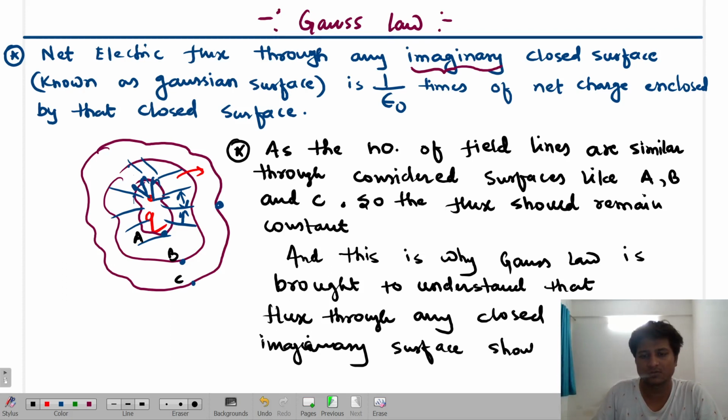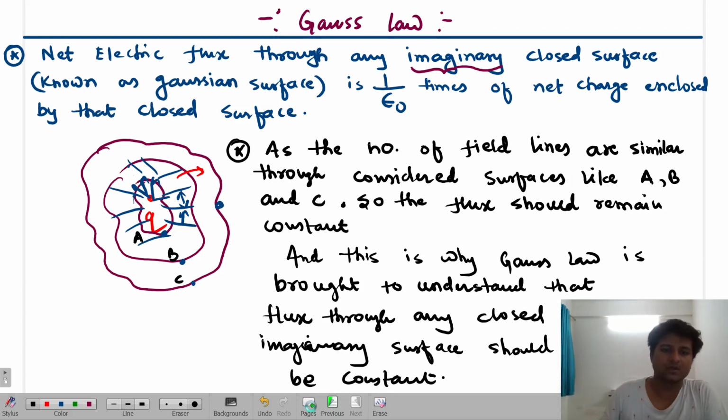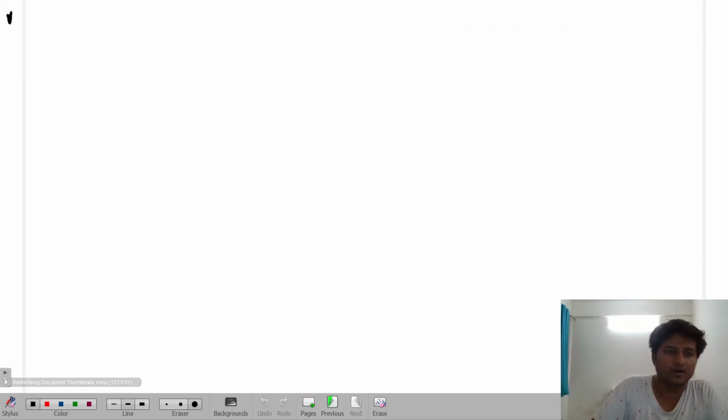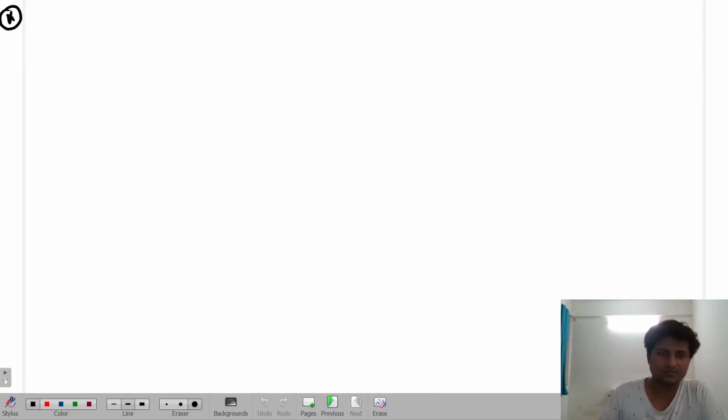Right or not? Okay. Are you able to get me? Nice. So look over here. See. You got to know why Gauss law was brought, isn't it? And you can see that as the fields are changing, although the flux is constant. Got it or not?